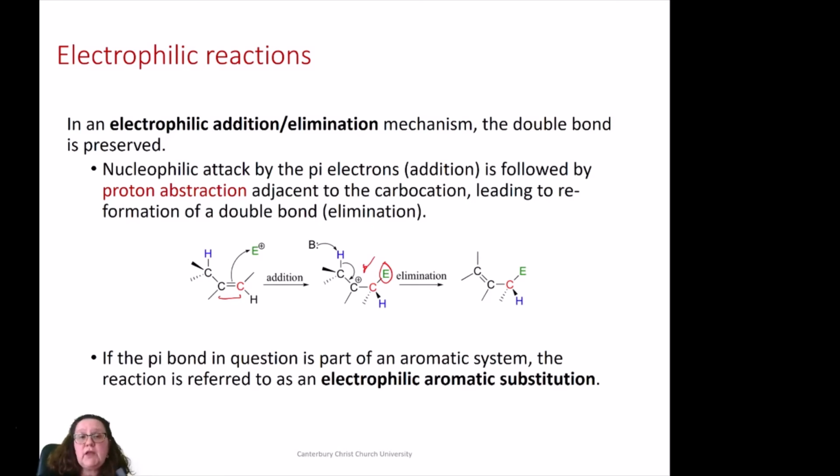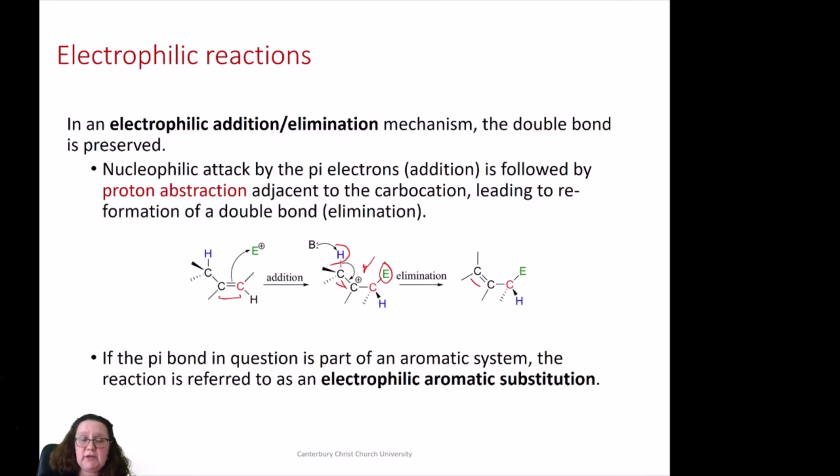However, another possibility is that a nucleophile that acts as a good base captures a hydrogen from the adjacent carbon. The hydrogen goes away without the electrons as a hydrogen ion, and the electrons are retained by the carbons, and you form a double bond. So you retain the double bond in the structure, but it's not in the same place, not the same two carbons as it was on the original molecule.